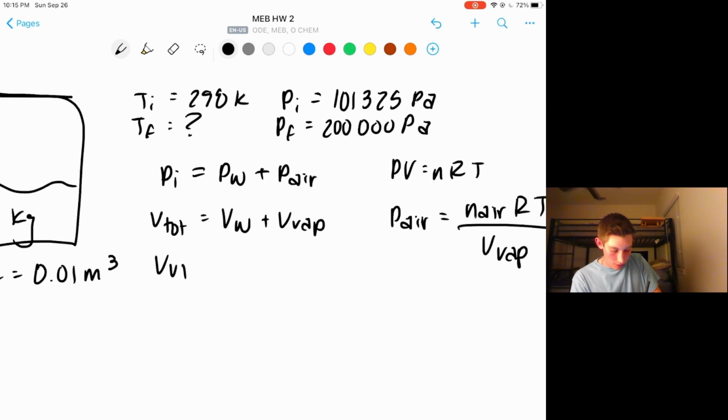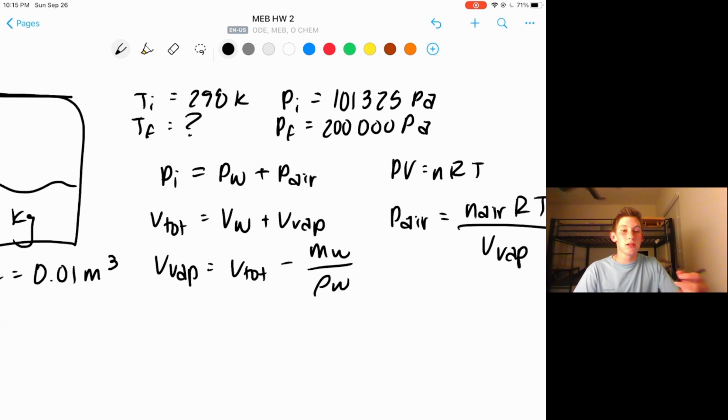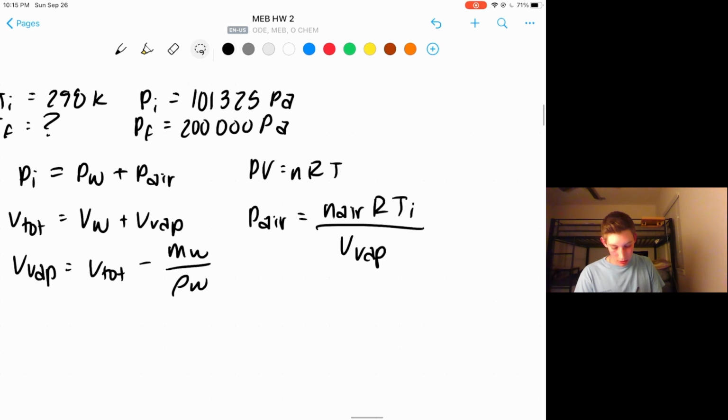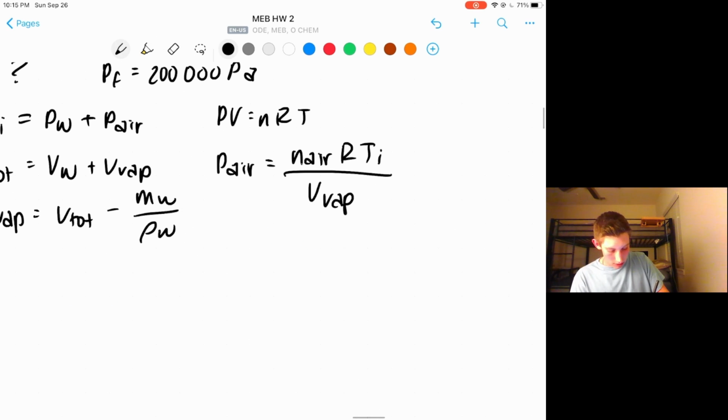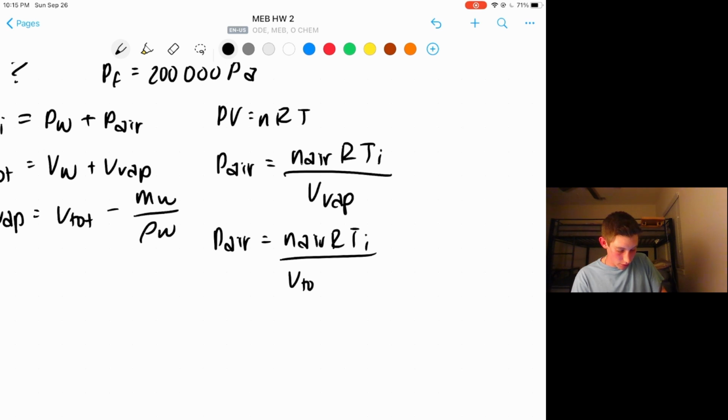So the volume of the vapor phase equals the total volume minus the mass of the water divided by the density of water, because the density of water equals mass over volume. So we can substitute this equation here into our pressure of air equation. So we get that the pressure of air equals the moles of air times our gas constant times our initial temperature divided by the total volume minus the mass of the water divided by the density of the water.